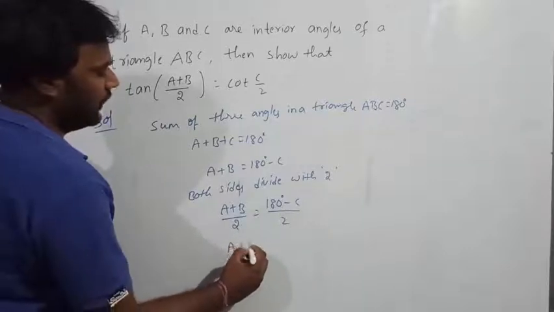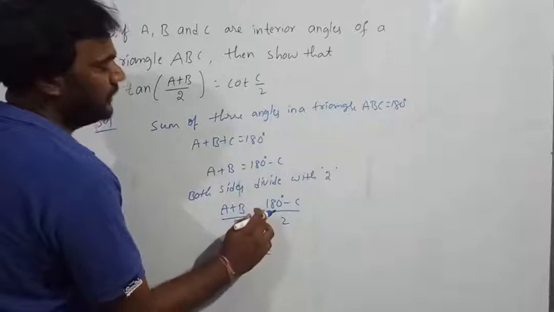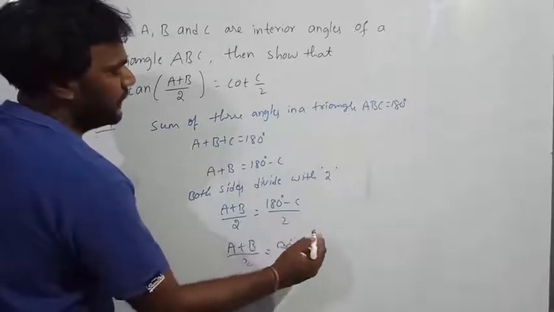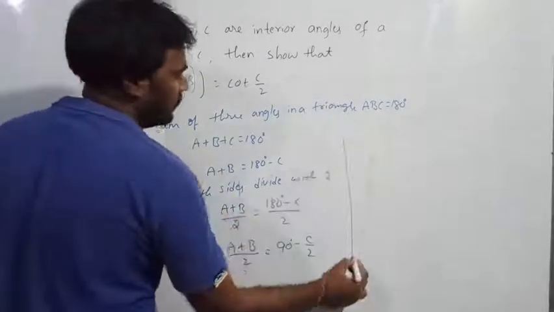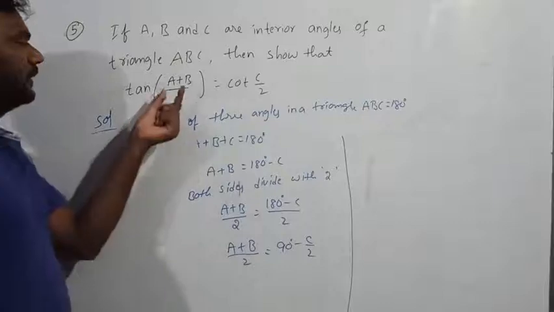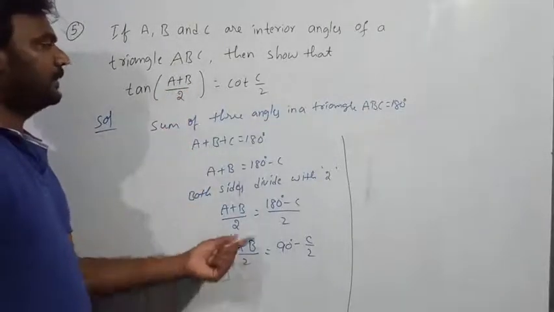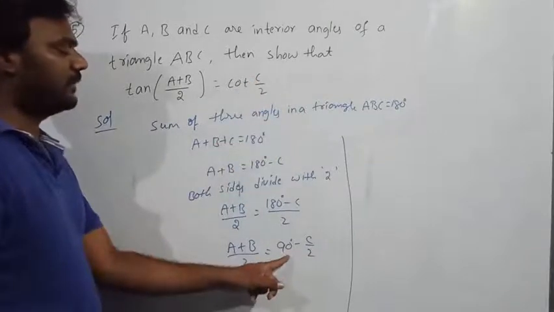So (A plus B) by 2 equals 180 by 2, which means what? 90 minus C by 2, as C by 2 stays as it is. Now see here, the LHS has (A plus B) by 2, and here also (A plus B) by 2. On the RHS, here you have C by 2, and here you have the 90.